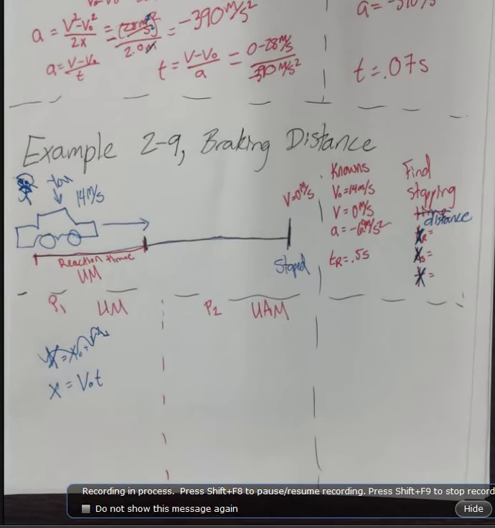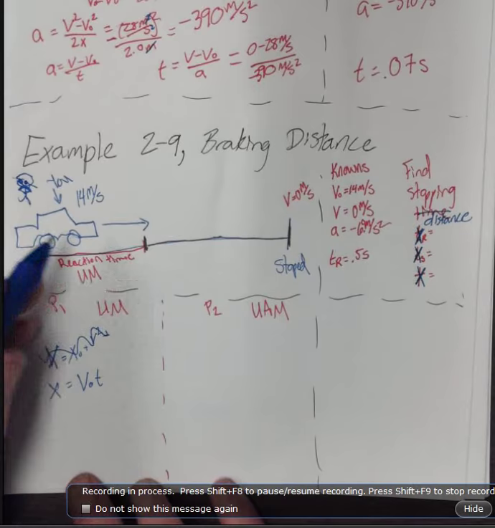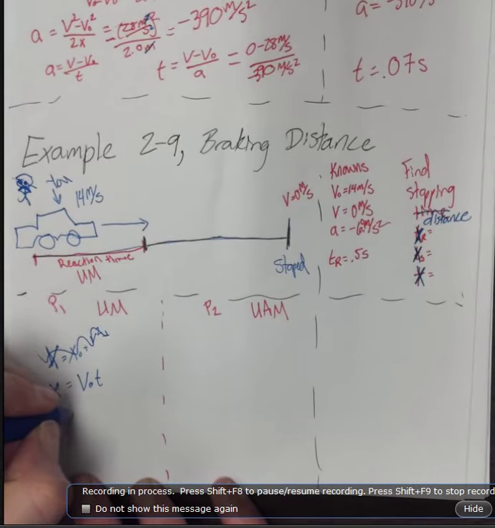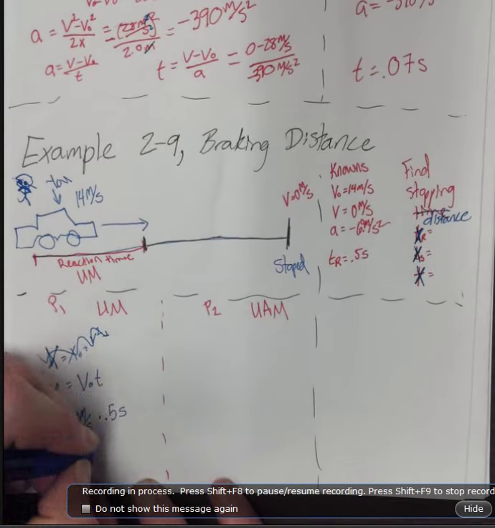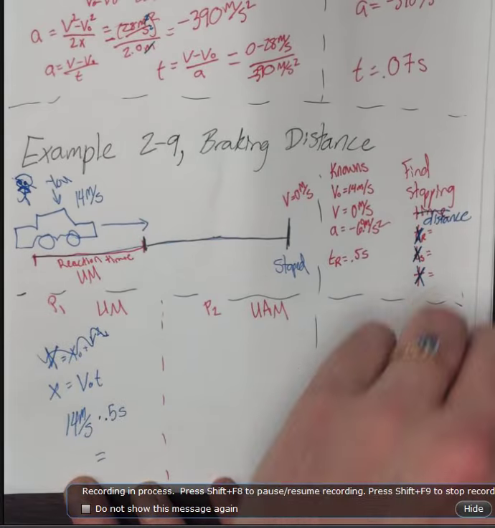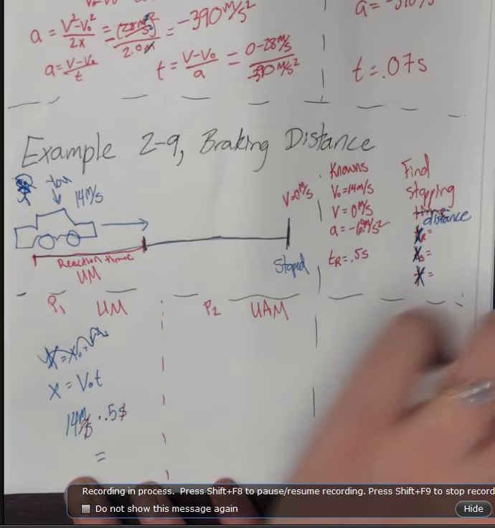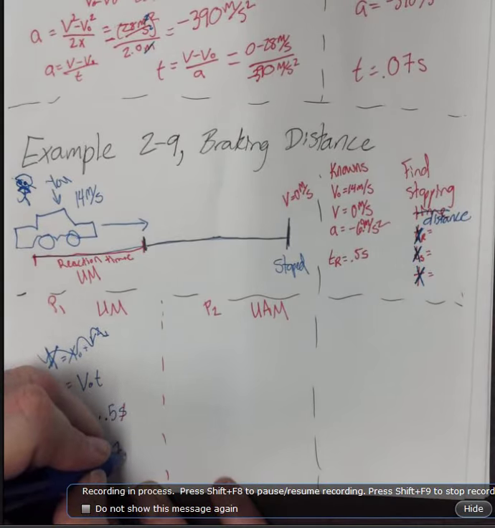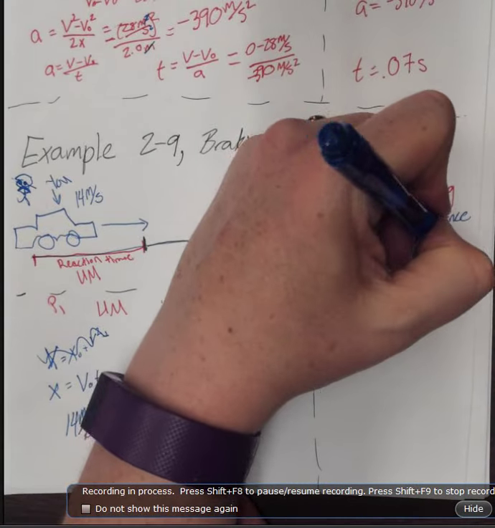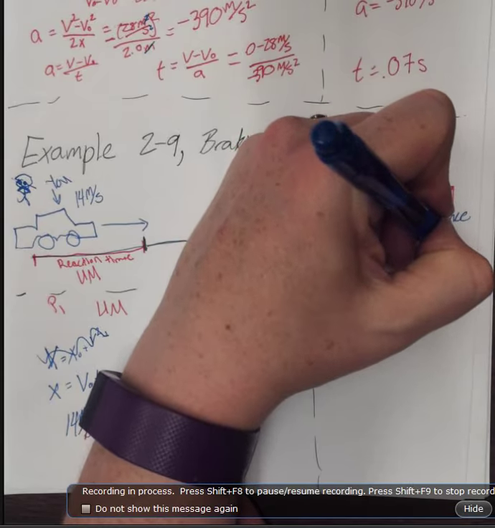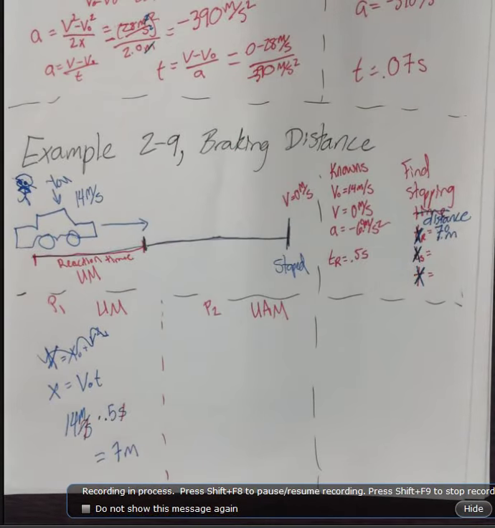That's all we need to know. Our initial velocity and our final velocity are the same. So in the first 0.5 seconds, we have 14 meters per second times 0.5 seconds, which equals 7 meters. That's how far we're going to go before we can even get our foot onto the brake and begin our deceleration.